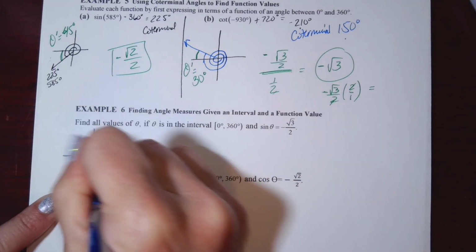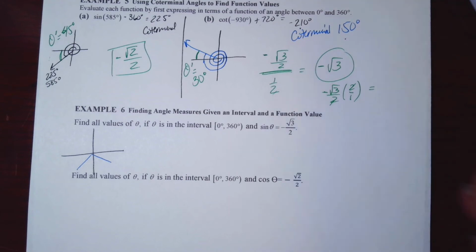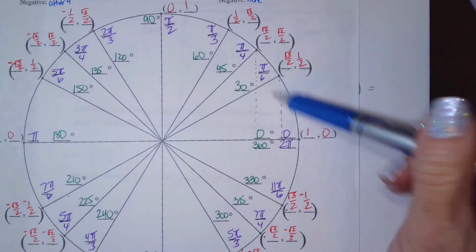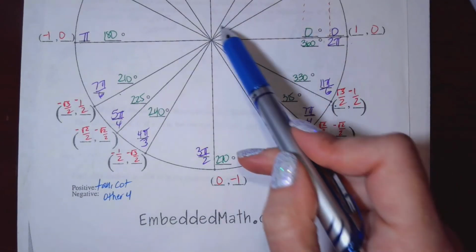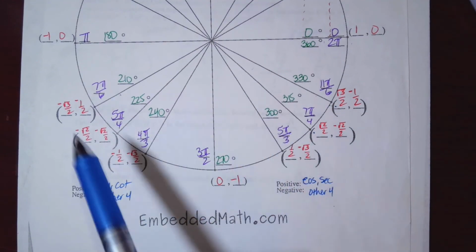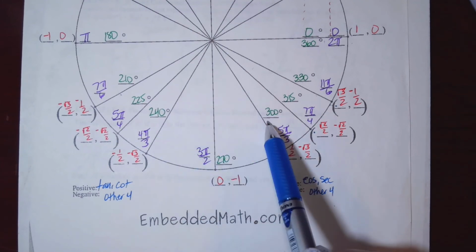So I know I'm here. Sine is a negative square root 3 over 2 for which function values? Well, square root 3 over 2 is a value for sine when I have a 60-degree reference angle. So negative square root 3 over 2 is the sine function value here and here. So I've got 240 or 300 degrees.